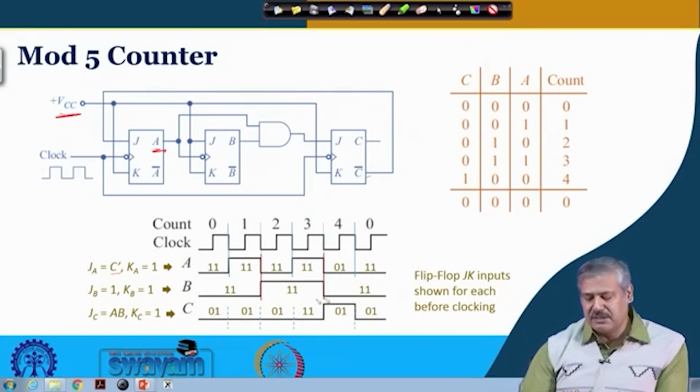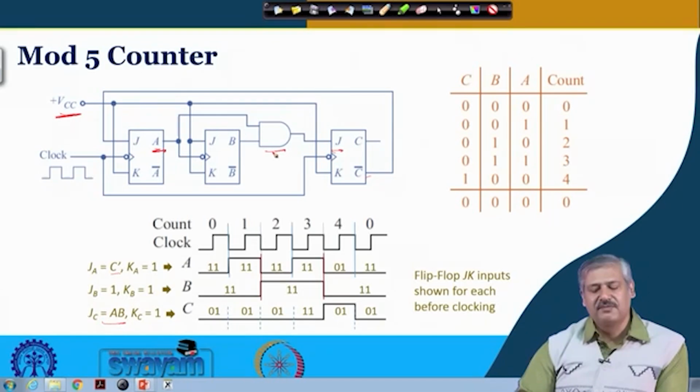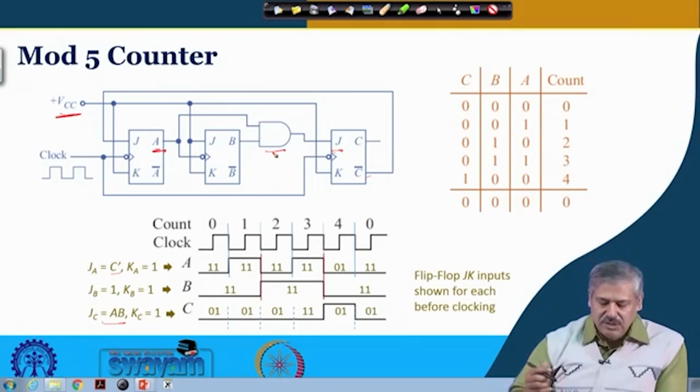How that happens, how that affects and all that we shall see in the timing diagram, okay. And Jc is fed by A and B, fine. So, this is the initial circuit that we see, and then we shall examine how it behaves like a mod 5 counter, right.